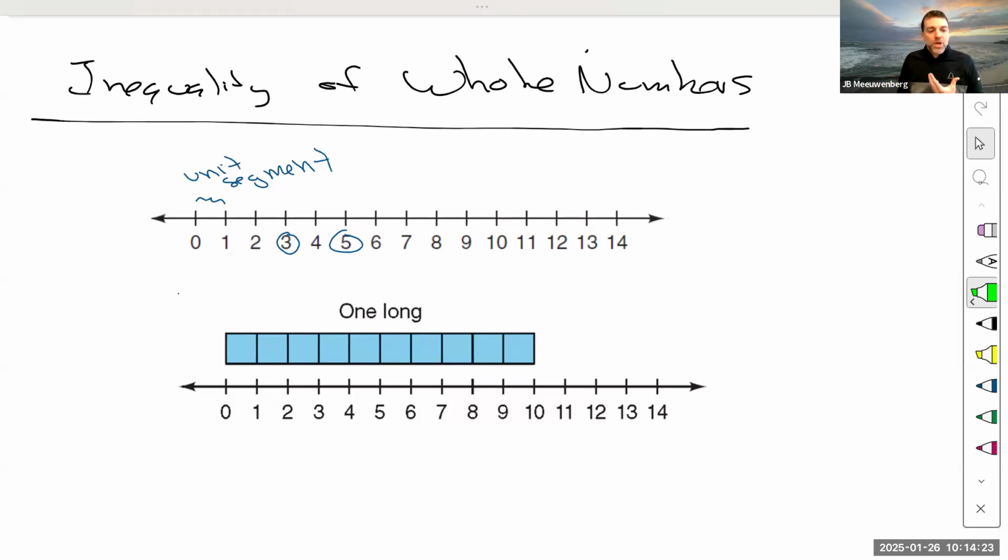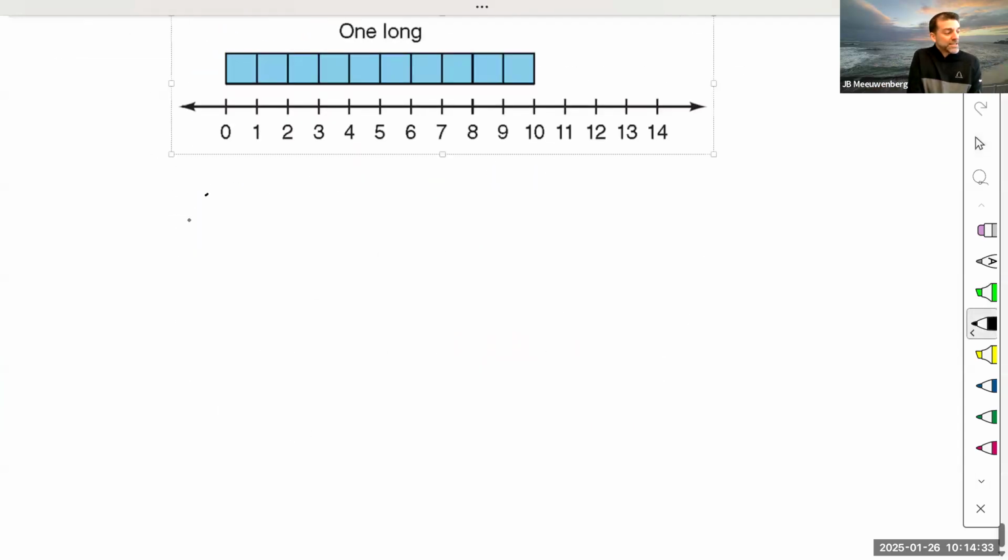Now, you are probably familiar with symbols that illustrate inequality. They are the symbols that look like this. Those might look familiar to you. So this symbol means is less than.